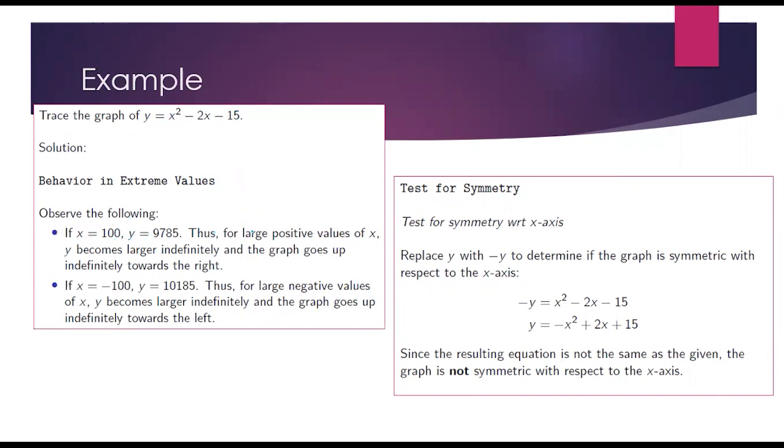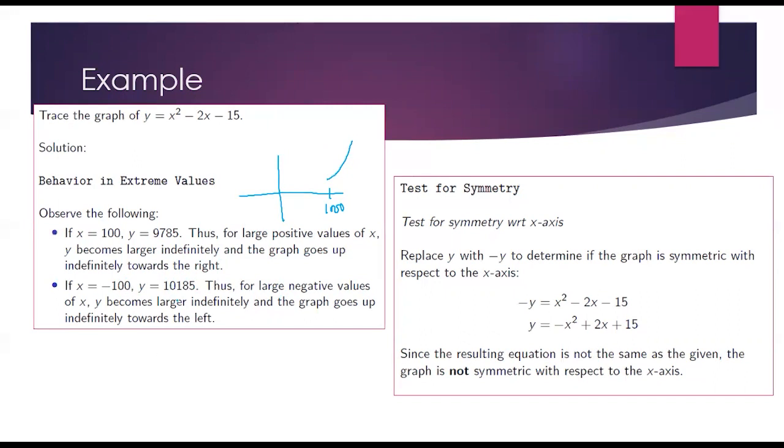Thus, that means we have a positive large value of x, and y becomes larger indefinitely, and that means the graph goes up indefinitely towards the right. So if you have 100 here, and this one is positive, that means your function will go up towards the right. And what if your x is equal to negative 100?